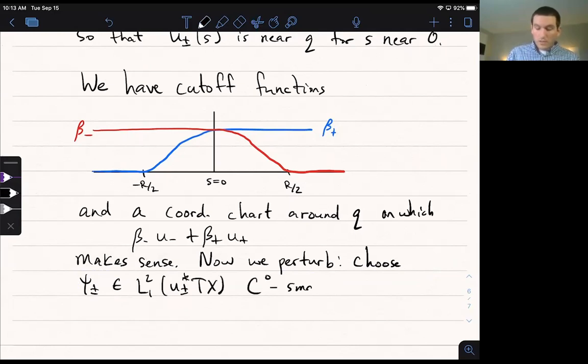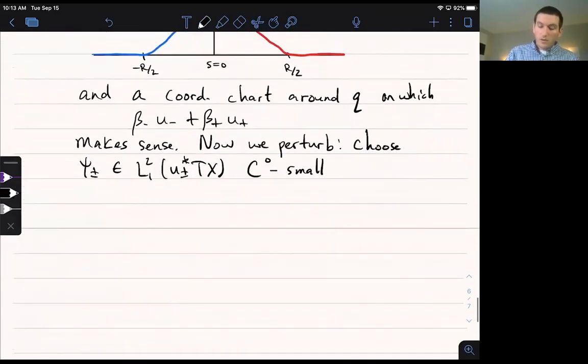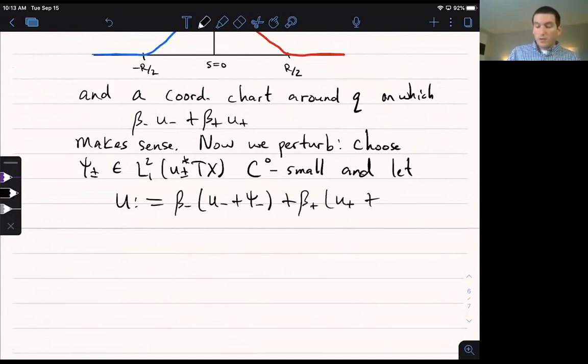So we're going to choose these perturbations, C0 small, and we'll let U be beta minus of u minus plus psi minus plus beta plus of u plus plus psi plus, where I'm mimicking Joe's laziness. Since he was lazy about this last week, I get to be as well. And really there should be some coordinate chart, and I think we're all okay with this.